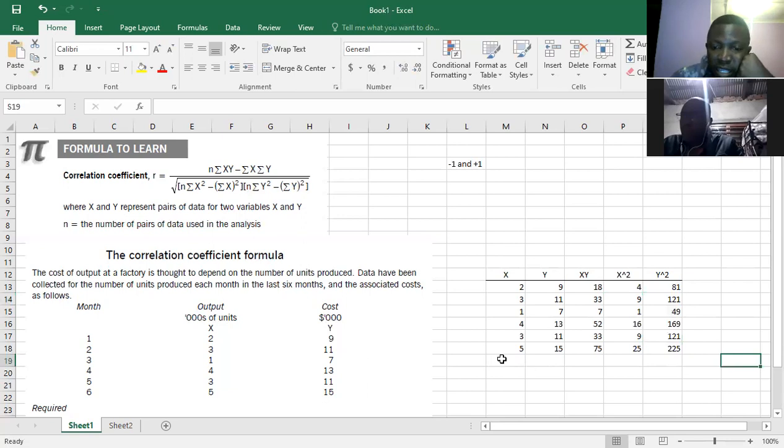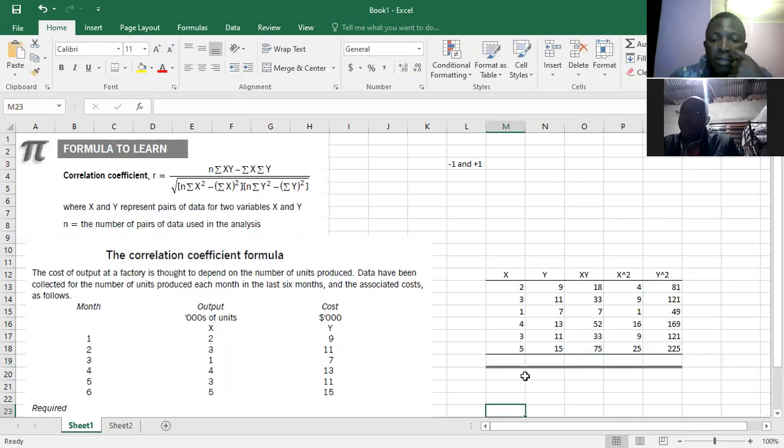Now for all these columns we will need to get the totals, because the formula uses summation. There is something you have seen: summation of X, then you square it.